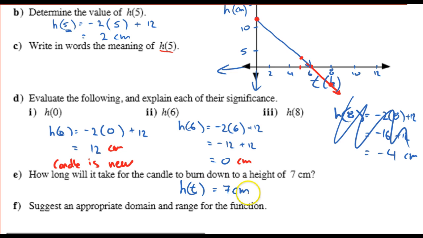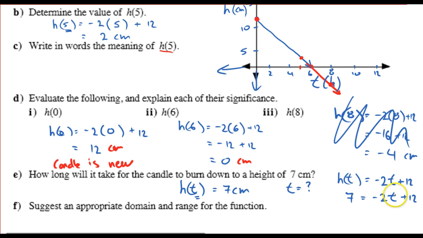They're telling me the height, and I have to find the t. So I have to get t equals something. Well, that's no problem because I know the equation. h at t equals negative 2t plus 12.